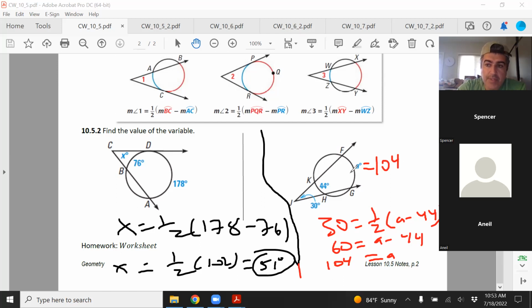Because 104 minus 44 is 60, half of that, of course, is 30.